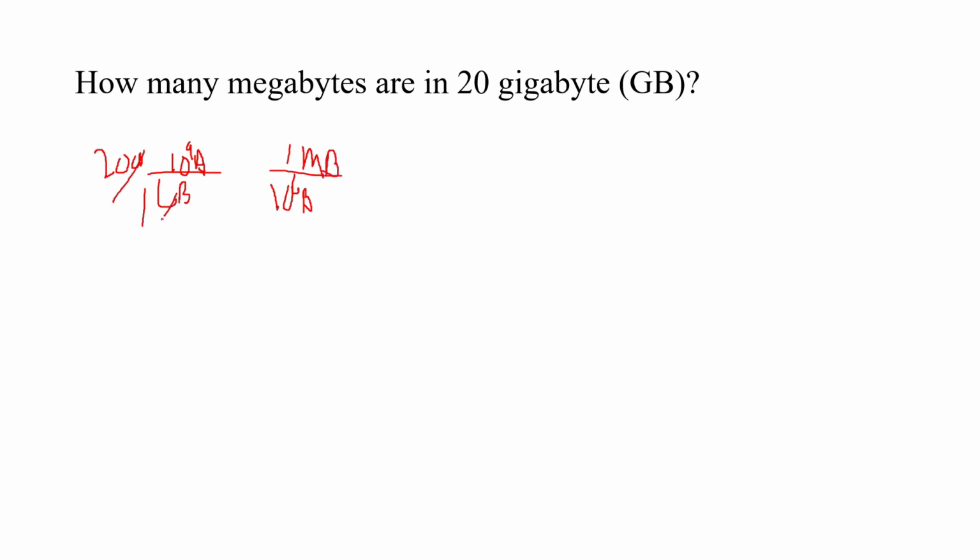Gigabytes cancel, bytes cancel. That leaves us with 20 times 10 to the 9th over 10 to the 6th, which is around 20,000.